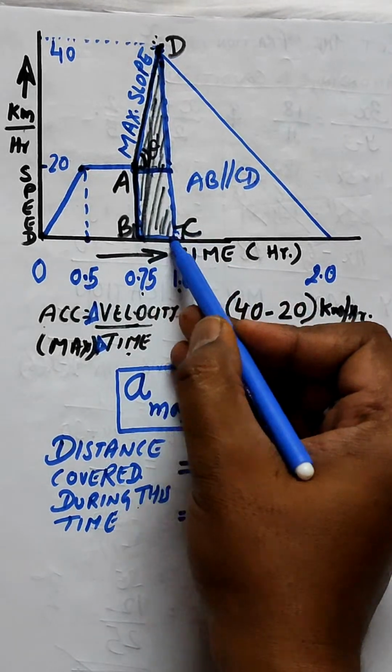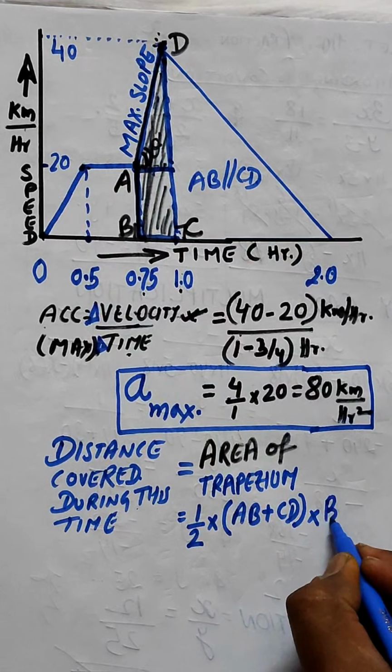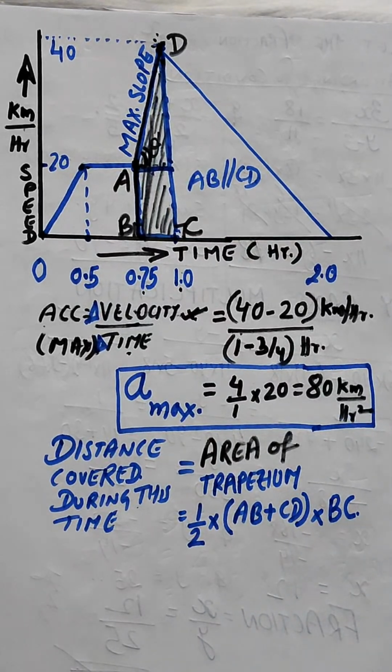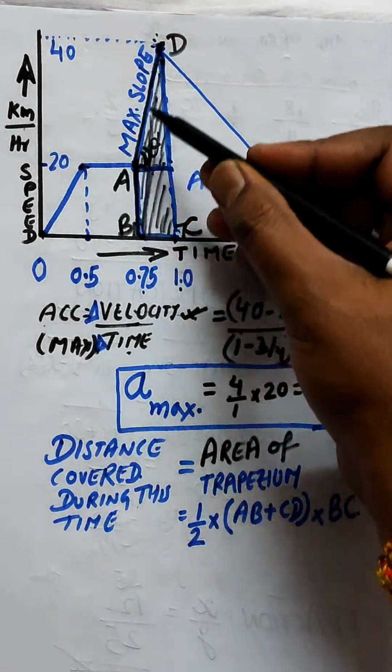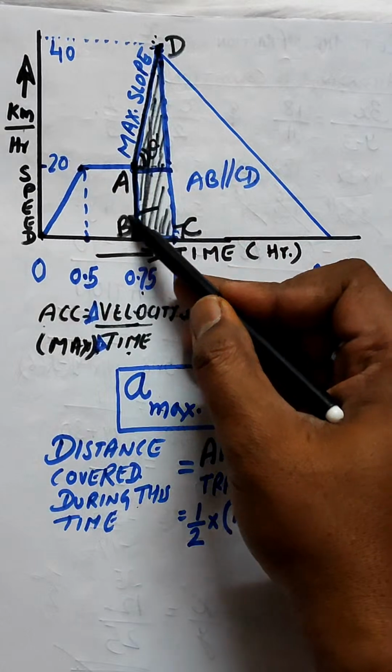What is the distance? Here BC will be the distance. So into BC. So the area of this trapezium will give you the distance covered during this time, when the maximum acceleration is attained, right?